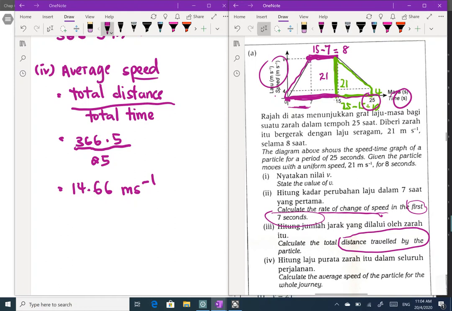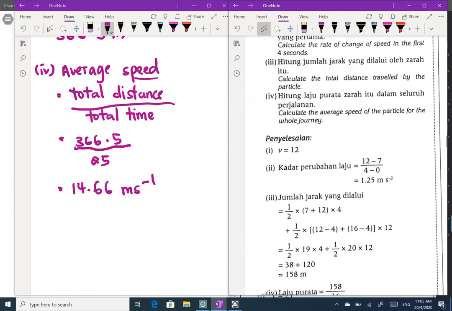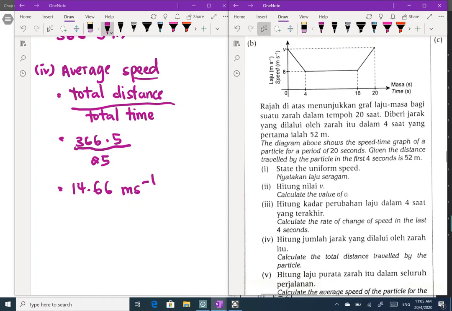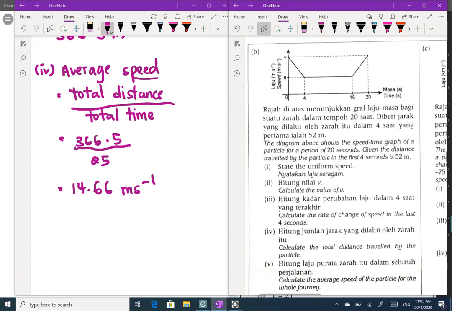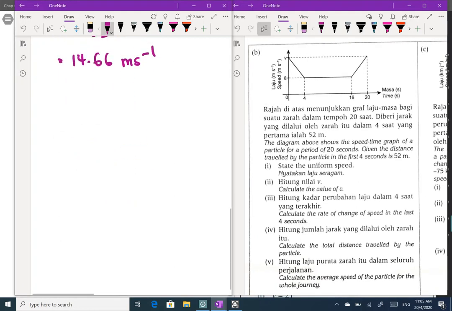Okay. Question 4b. The diagram above shows the speed-time graph of a particle over a period of 20 seconds.